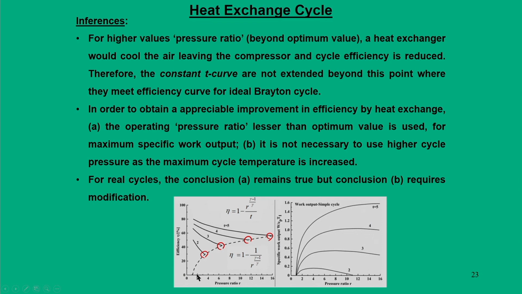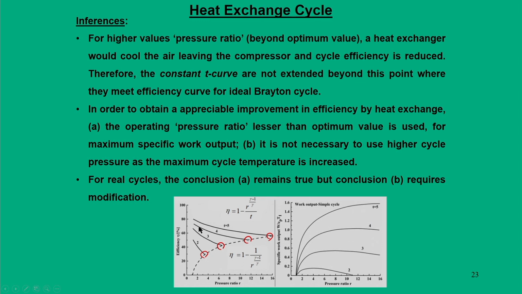But a higher pressure ratio will have a lot of other complications, because you require many kinds of rotary devices in the compression mode. So, the better option would be to go for a heat exchange cycle with higher temperature ratio. Through this, obviously we will land up with a higher optimum pressure ratio at some location. For example, if you take T equal to 4, we will land up with an optimum pressure ratio of maybe r equal to 11.